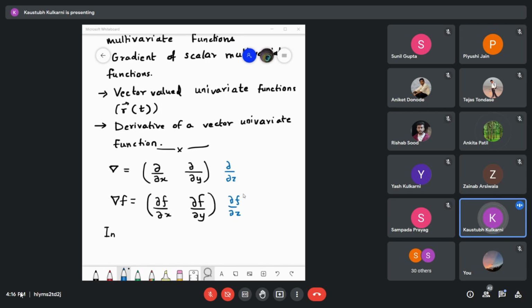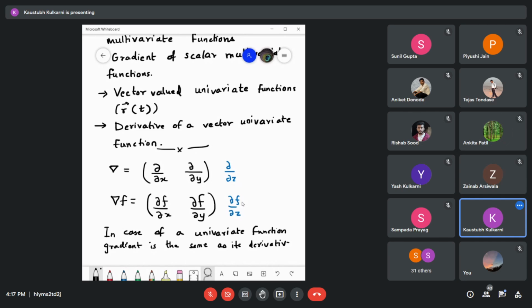But my point that I want to make here is, in case of a univariate function, the gradient is the same as its derivative.